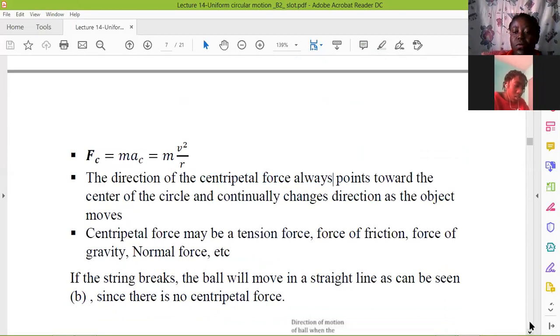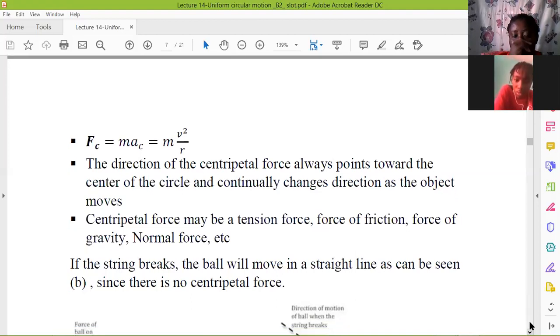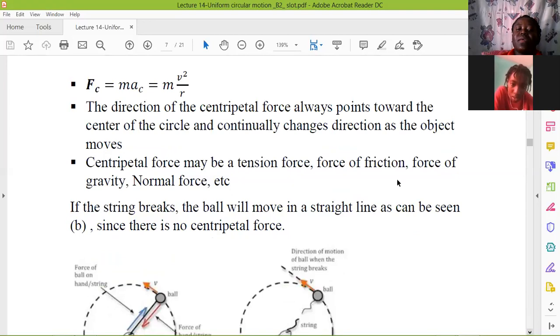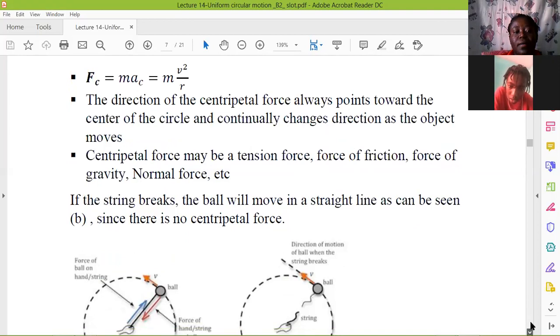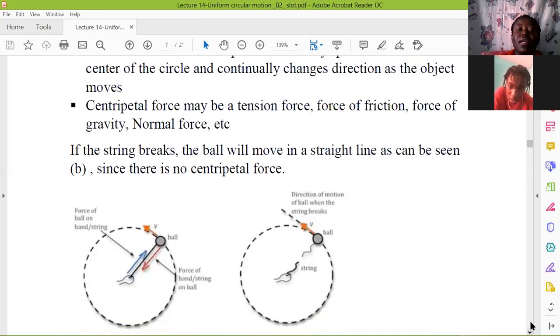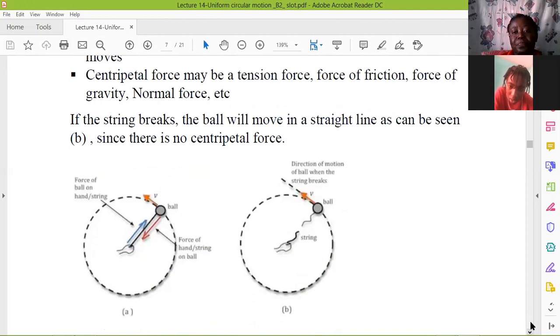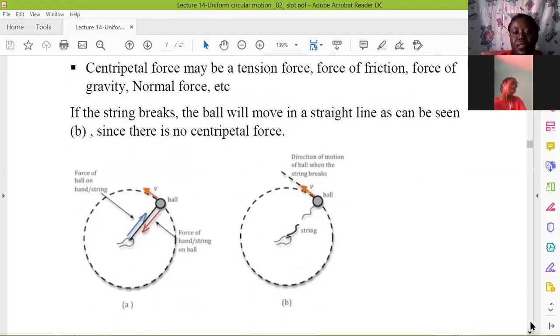We may be wondering, what are these centripetal forces? The centripetal force can be any of the forces that we have discussed earlier. It can be a tension force, friction force, a normal force, or a gravitational force. It only depends on the object.